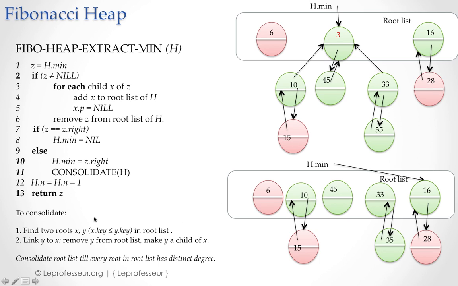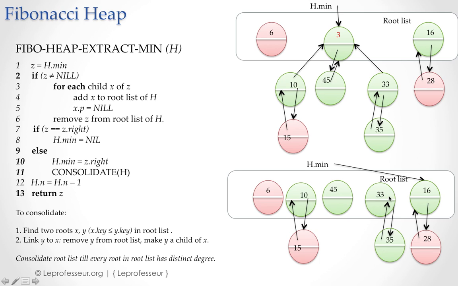It's a simple procedure. We keep on repeating these two steps. First, find two roots x and y in the root list, and then link these two roots with each other if they happen to have the same degree.